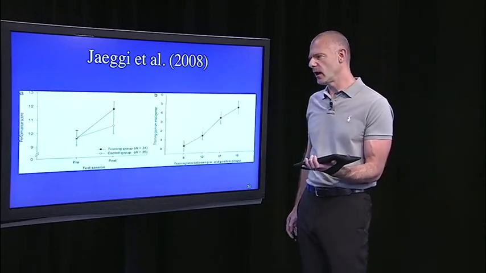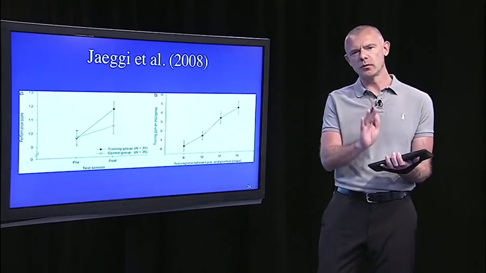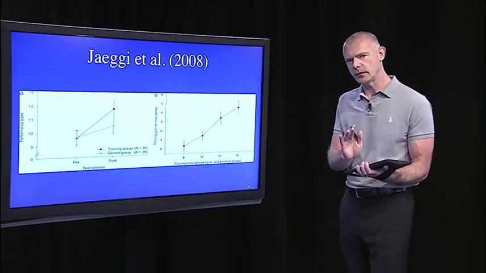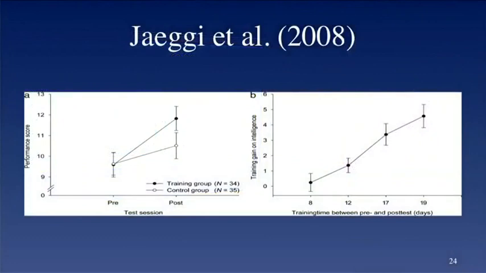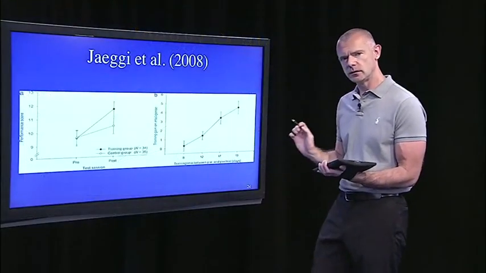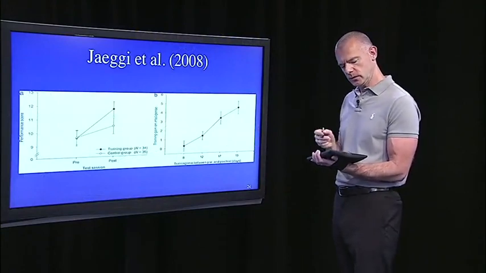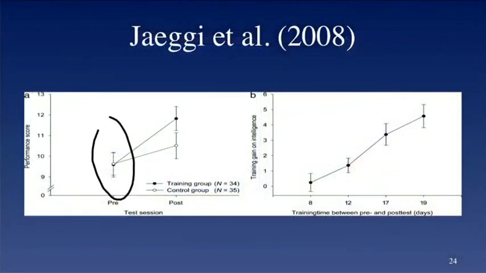Well, here are the results from Yaki et al. that show the improvement in intelligence. This is a little difficult to see, so let me walk you through these 2 graphs. They plotted their results in 2 different ways. In the graph on the left, what they plotted is the change in intelligence from pre to post for the 2 different training groups. So here, before training, that's the pre, there's no difference in the performance score on the intelligence test.